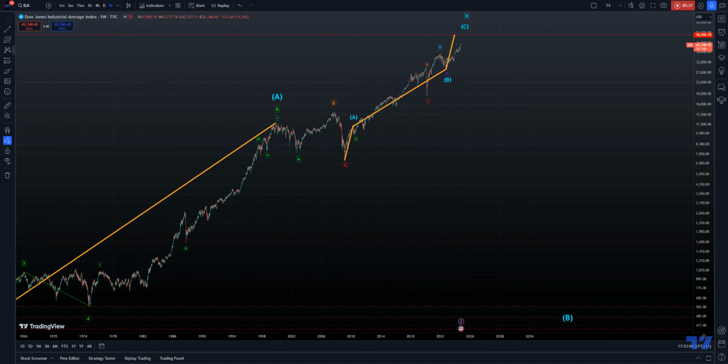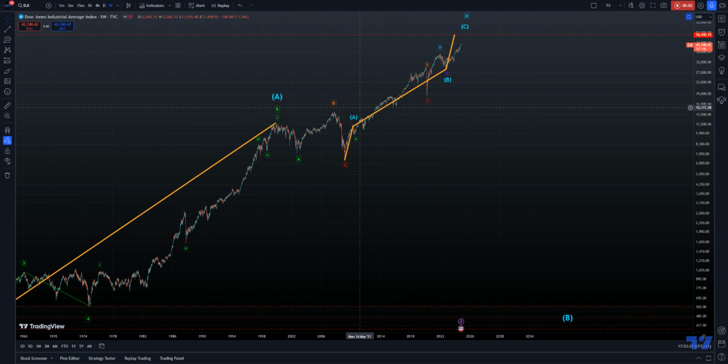So for example, the B wave here didn't expand too much, right? But the D wave did, right? And that's fine. It's like a version of alternation between corrective patterns, right? This is purely AriasWave talk that I'm saying right now.